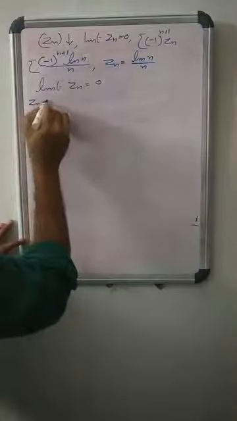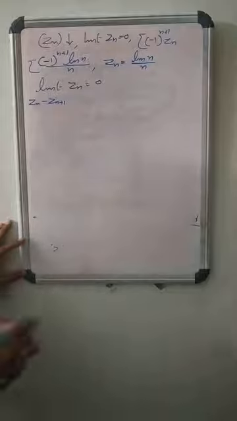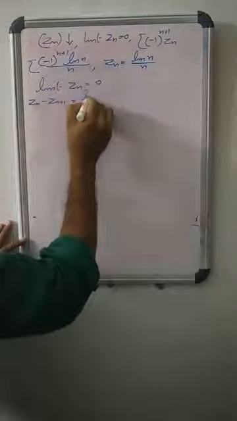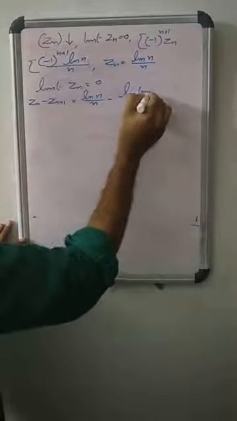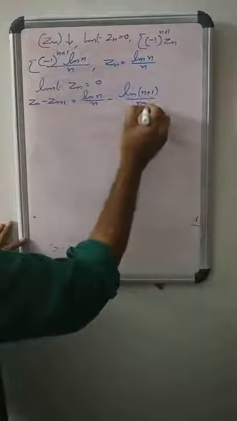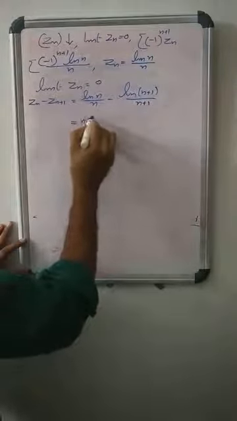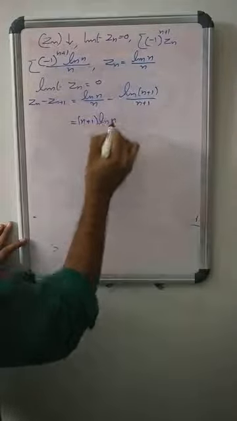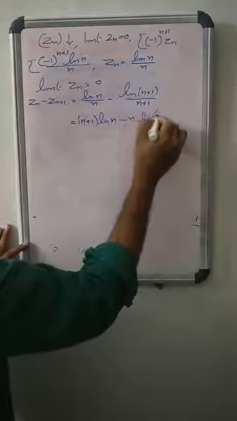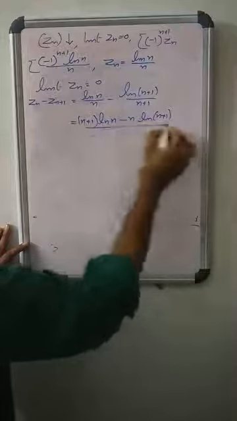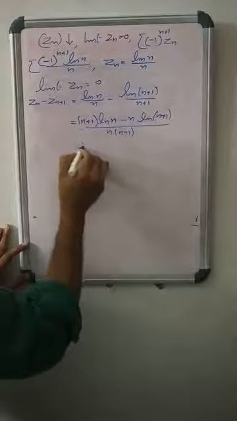What is Zn minus Zn plus 1? It is log n by n minus log (n plus 1) by n plus 1. So clearly it is (n plus 1) into log n minus n into log (n plus 1), all divided by n into (n plus 1). So clearly it should be positive.